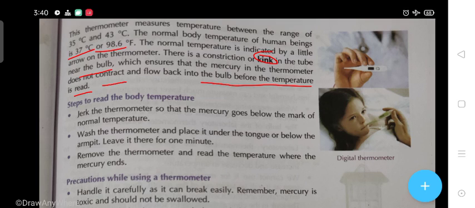Now students, there are some steps to read the body temperature. The first one, jerk the thermometer so that the mercury goes below the mark of the normal temperature.